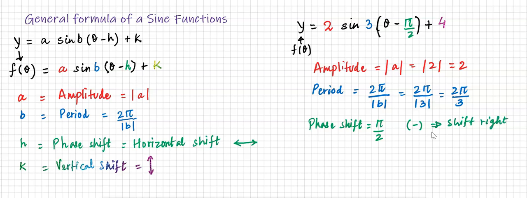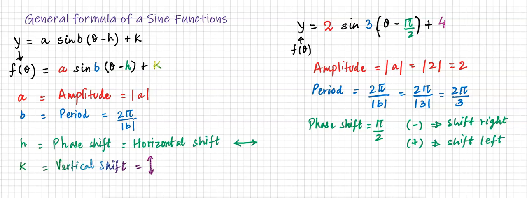And whenever the sign here is positive, that means the value of h is negative, and the graph will shift left. That's what we talk about.